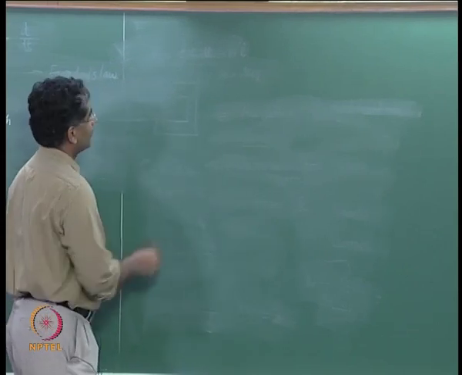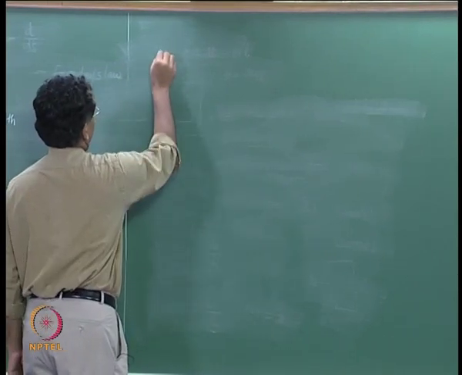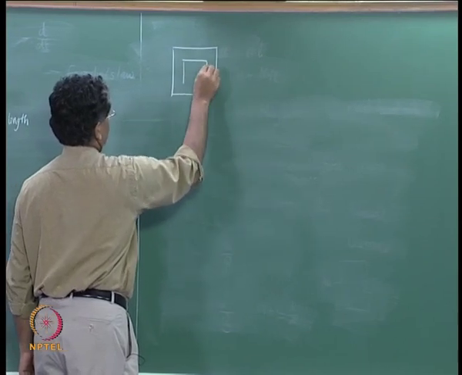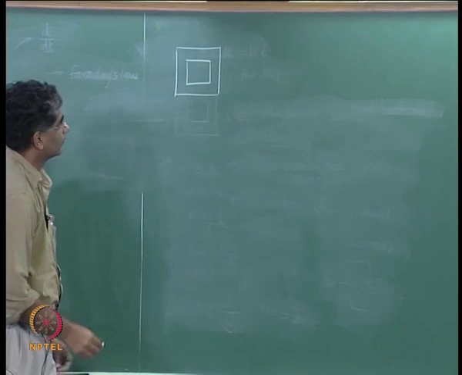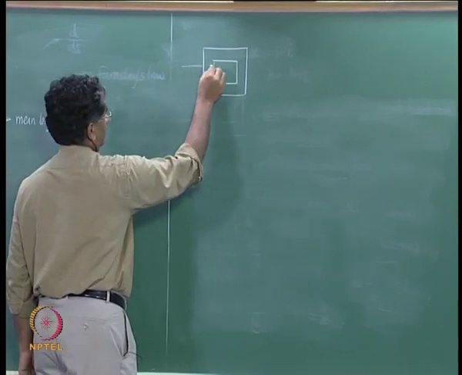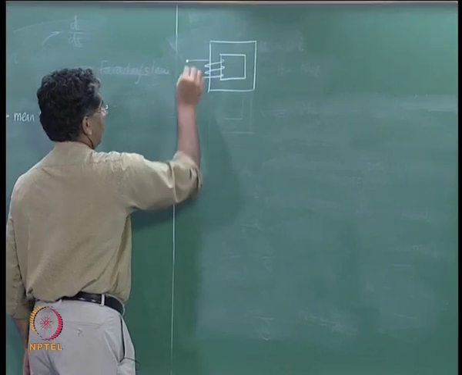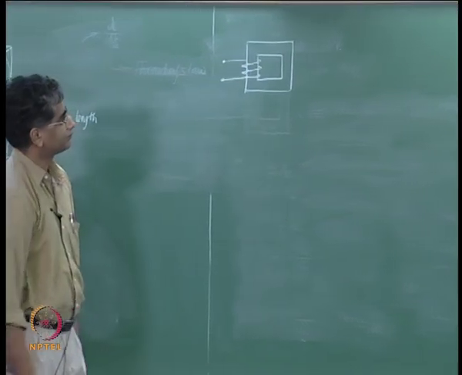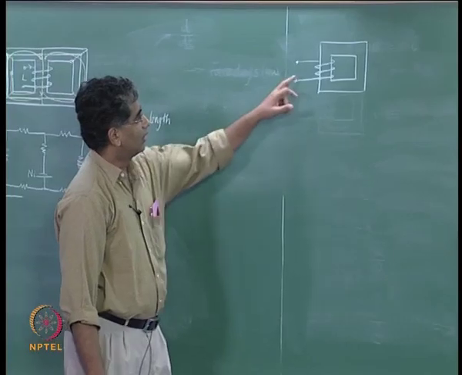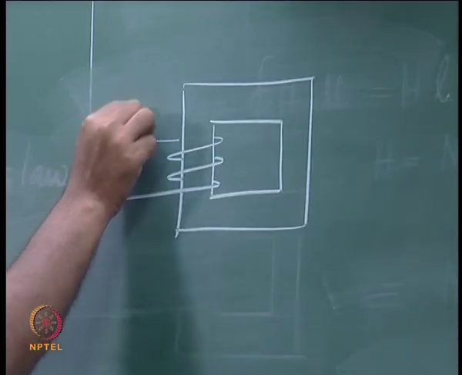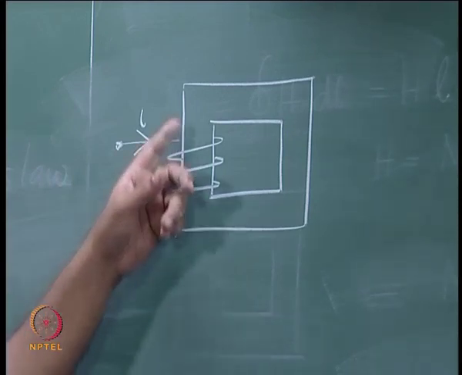Now let me draw this again. You have an iron core and you have a coil that is wound around this. Now if you have a flow of current here, it is going to generate flux.